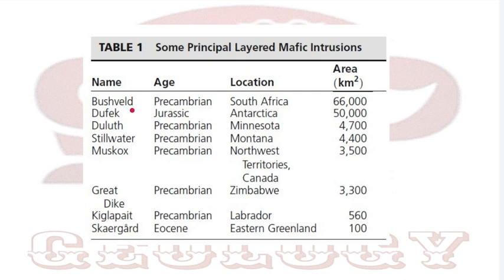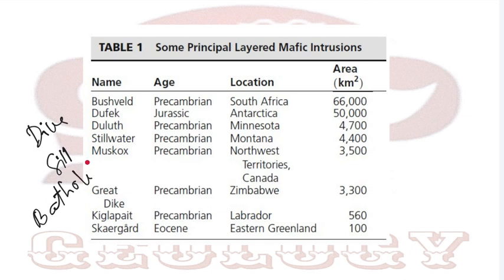So this is the list of major intrusions in the world. Okay, you can go through this list. It is not much important, but these names you should remember, these names, and this age. Okay, what is the age of these? These intrusions may be of dike type or batholith type.